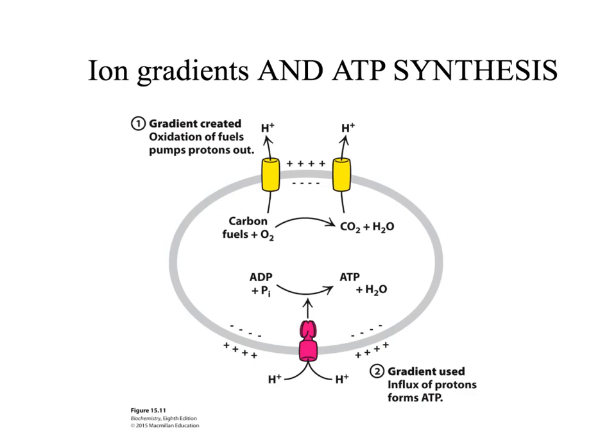Now, more than 90% of the ATP that is generated comes from proton gradients.